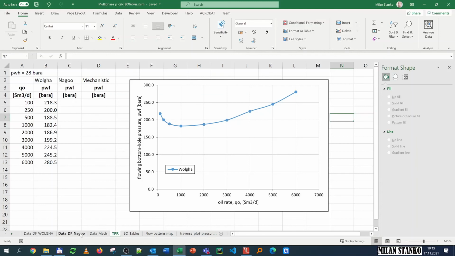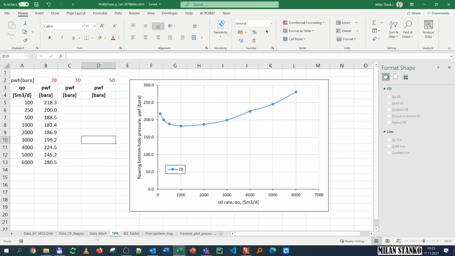Okay, then we can also change that wellhead pressure to see how it will look. So let's maybe do that. So we do wellhead pressure, and this will be 28. This is in bar. And let's try something that might be lower, 10, or maybe something that is bigger, 50. Okay, so these are the wellhead pressures that we're going to try.